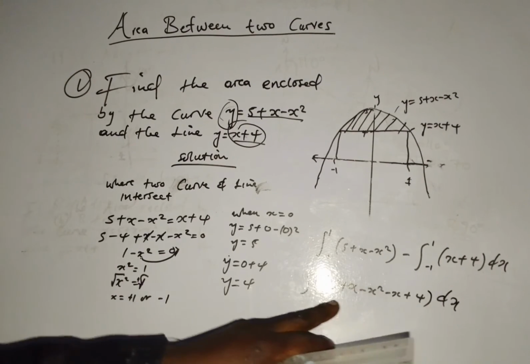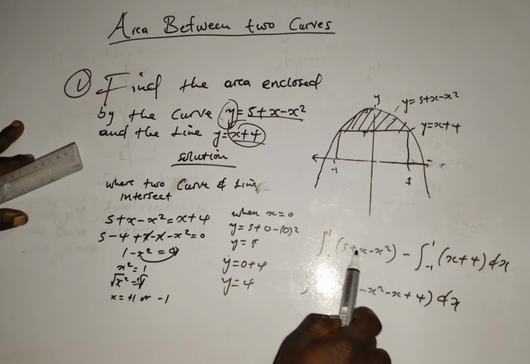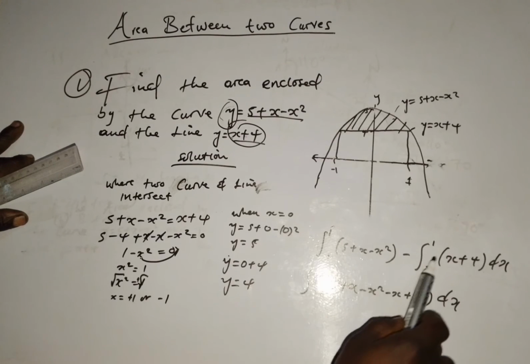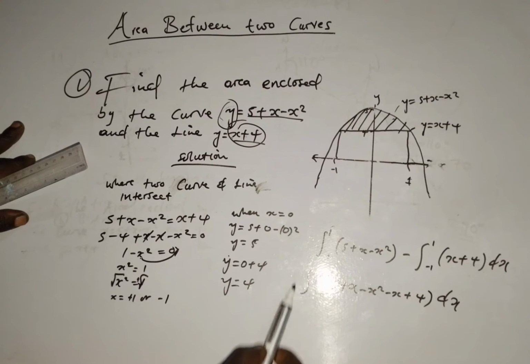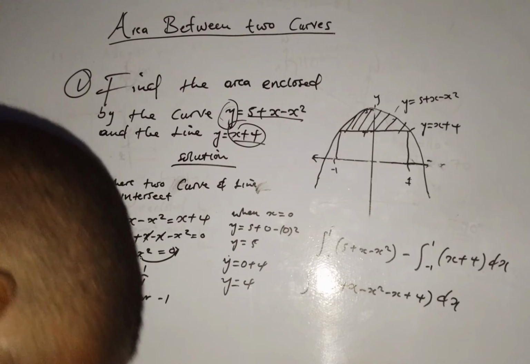Why have I written like this? Because this curve here has this limit which is the same as this limit, so that's why we have just factorized it to this state here, okay?